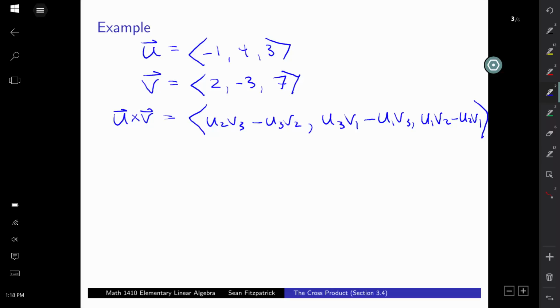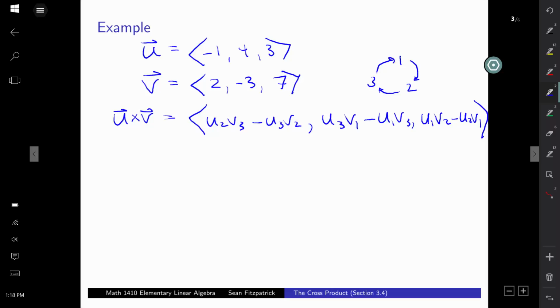And so, you can notice there is a pattern: the index on the u goes up by 1, so it's 2 followed by 3, then 3 followed by 1. If you think of them as being in a circle, 1 is followed by 2, 2 is followed by 3, and then 3 comes back to 1.